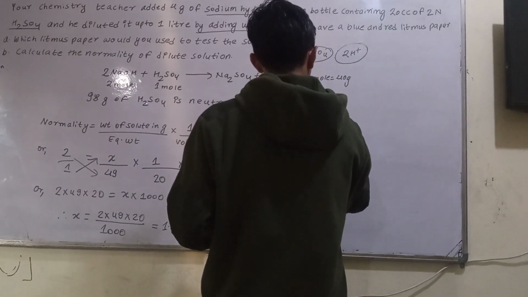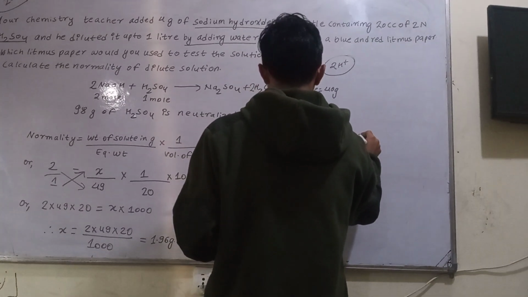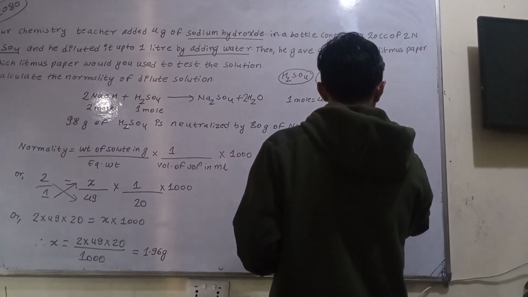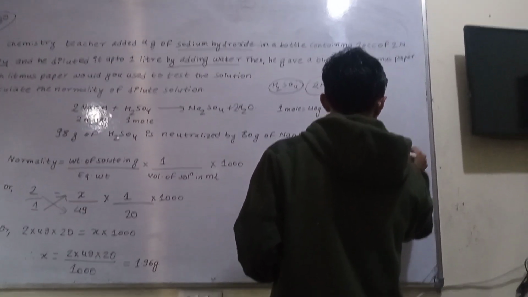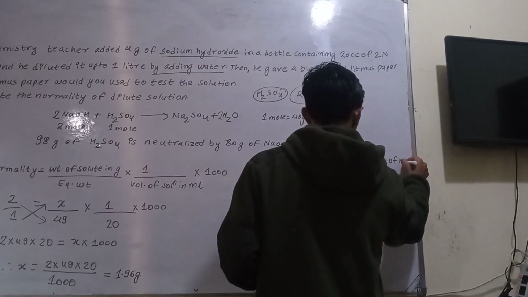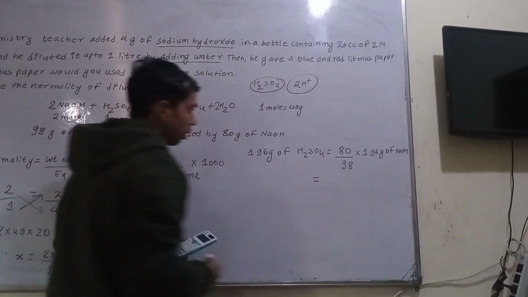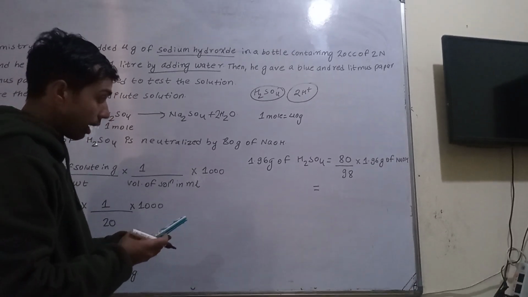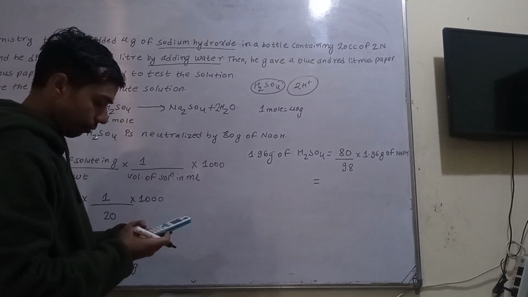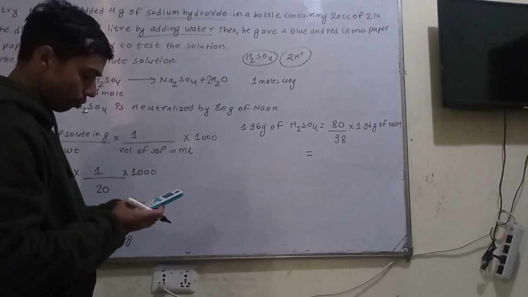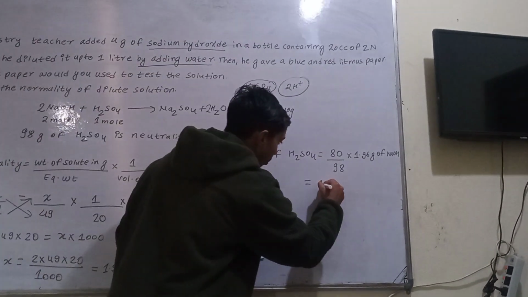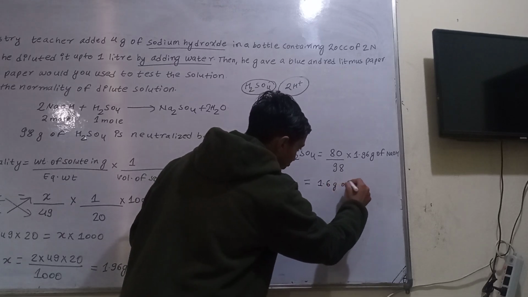1.96 grams of H2SO4 equals 80 upon 98 into 1.96 grams of NaOH. This is 80 divided by 98 into 1.96, that is 1.6 grams of NaOH.